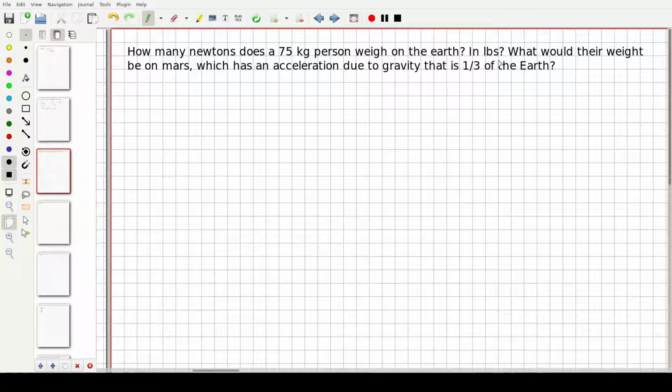In pounds, what would their weight be on Mars, which has an acceleration due to gravity that is 1/3 of that of the Earth? So, we have a rough idea of what's going on.